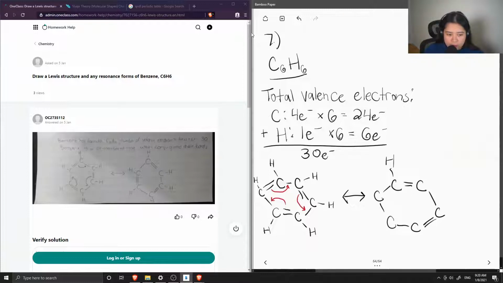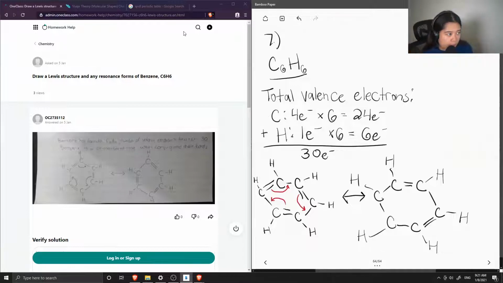So we get this. Okay, so these are the two resonance structures of benzene.